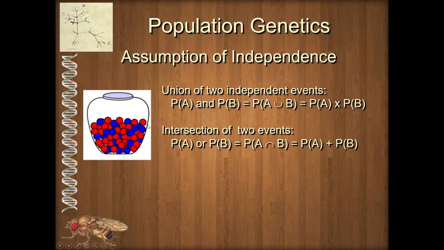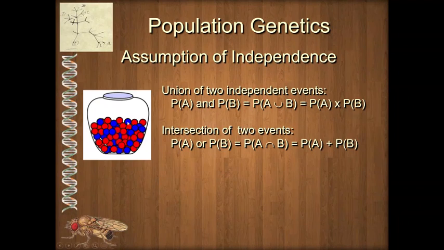And in sexually reproducing organisms, because of random assortment and because of two different parents, that's a pretty valid assumption. Now, if we have selfing, then independence may not be a completely valid assumption. If there's not random assortment, then we need to look at that if we're looking at two sites, two different genes. Okay, but for the most part, that's a very valid assumption.